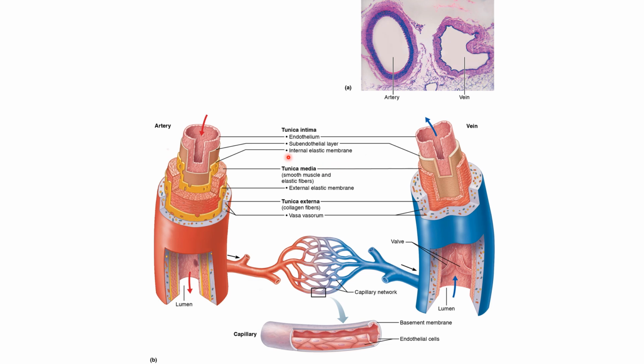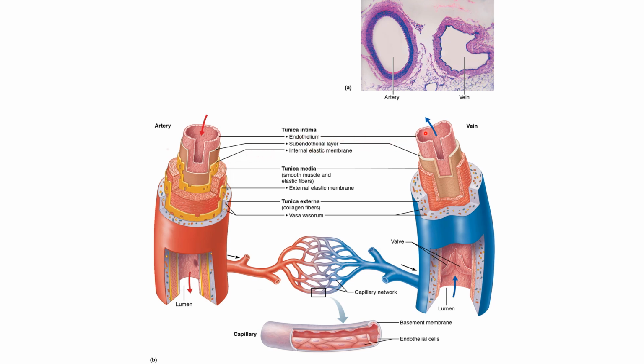Now let me go on the arterial side. So this is an elastic artery. If this is an elastic artery, it will have all the three layers. So it has an endothelium, then it has a subendothelial layer, then it has an internal elastic membrane. So now let's go to the vein.